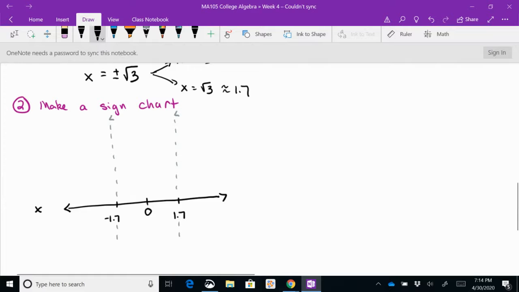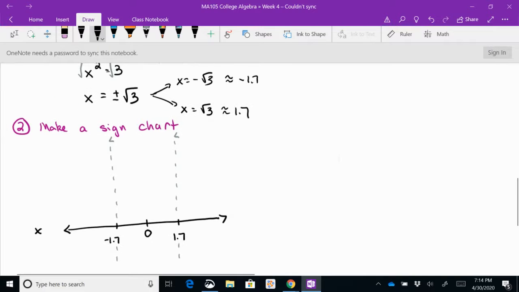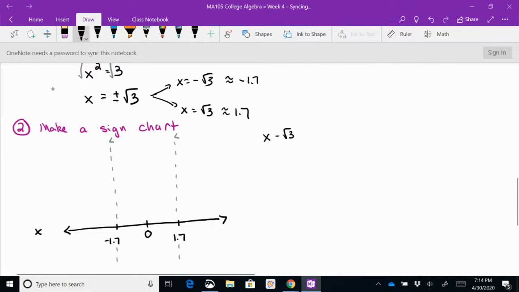This is the tricky part when you have something that doesn't factor. So we have x equals the square root of 3, or x equals negative square root of 3. Let's just look at this as the decimal version because that's going to be good enough.